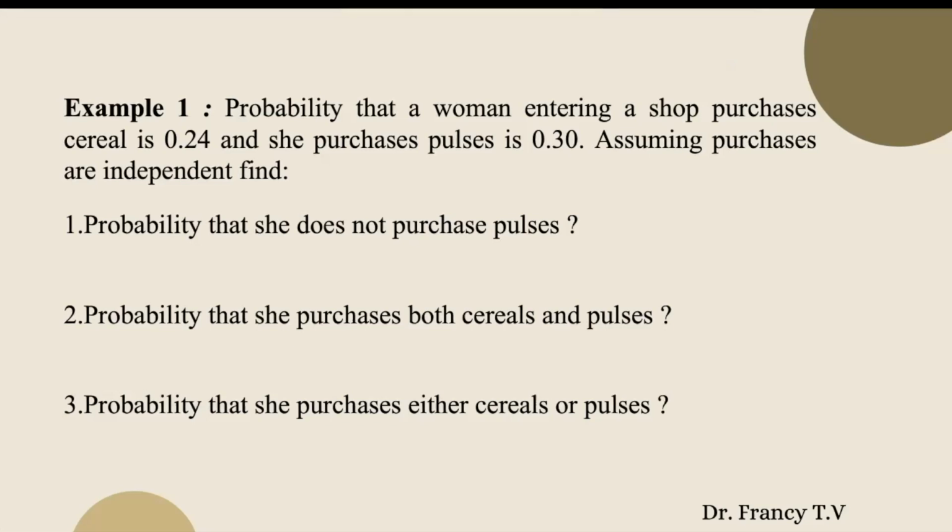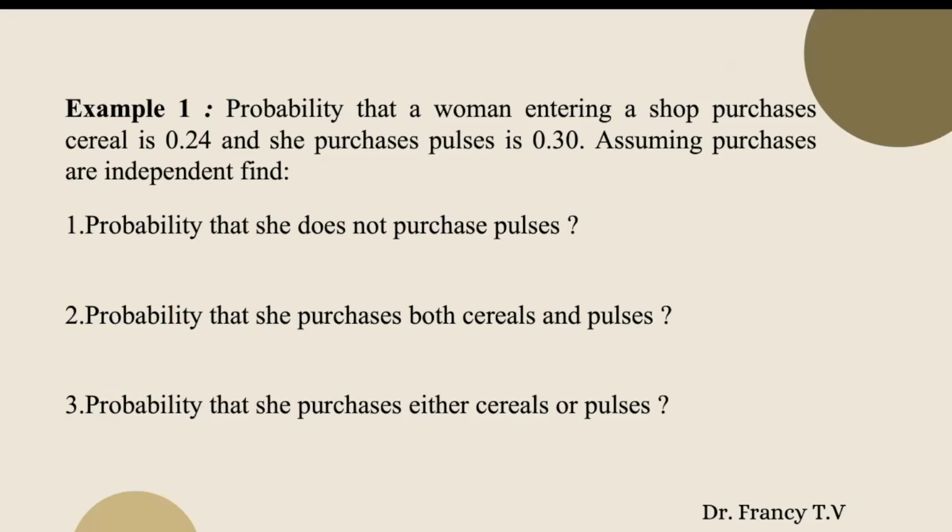Now, the first problem is to find the probability that she does not purchase pulses. Purchase of pulses is named as B. So does not purchase pulses means the complement, that is 1 minus P of B, which is 1 minus 0.30, equal to 0.70.